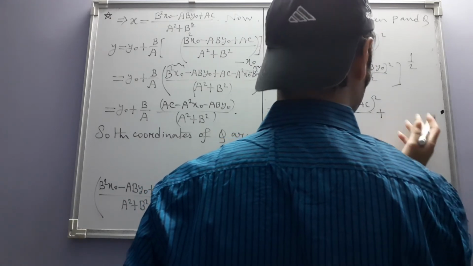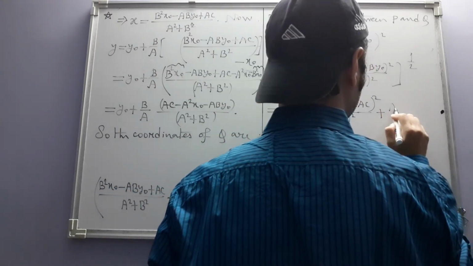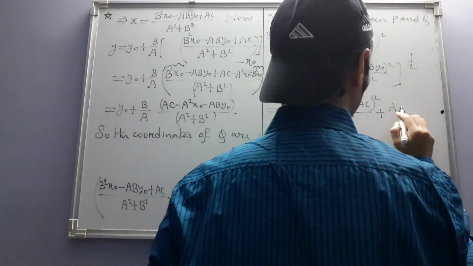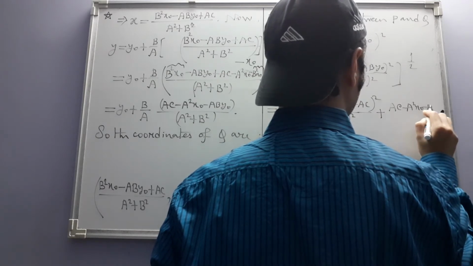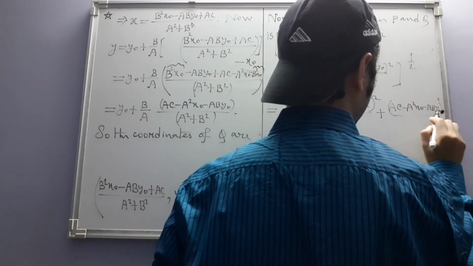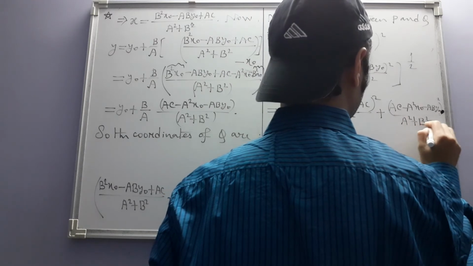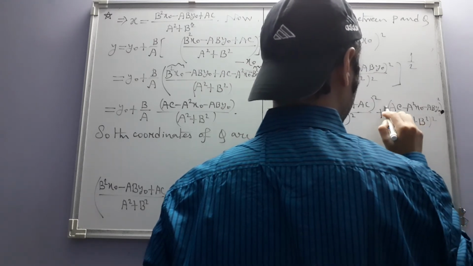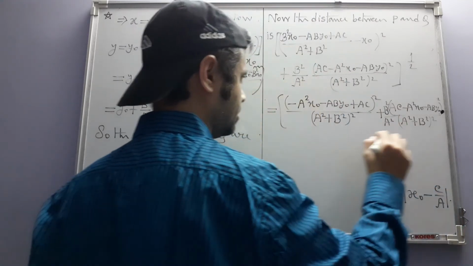Oh, so we are in fact getting the same thing. a c minus a square x naught minus a b y naught whole squared divided by this, but along with that we have b square divided by a square.